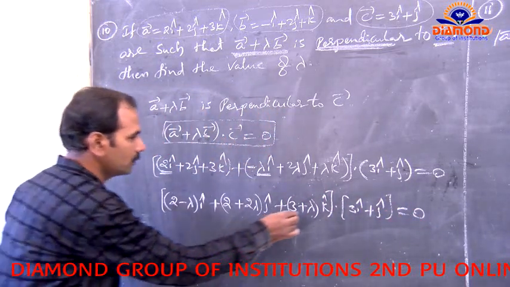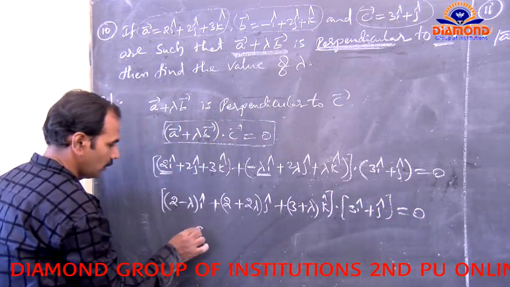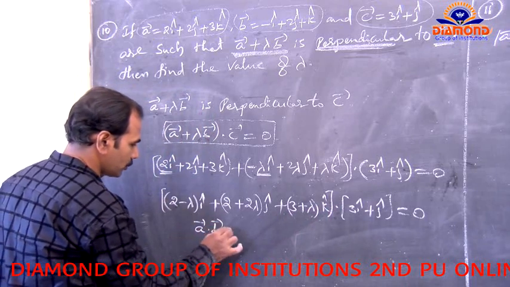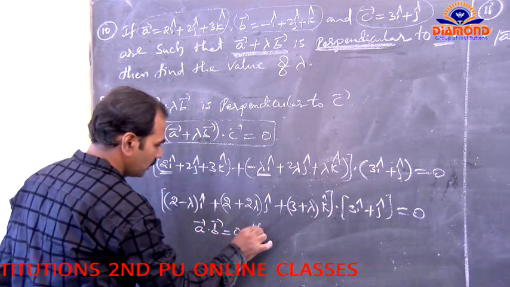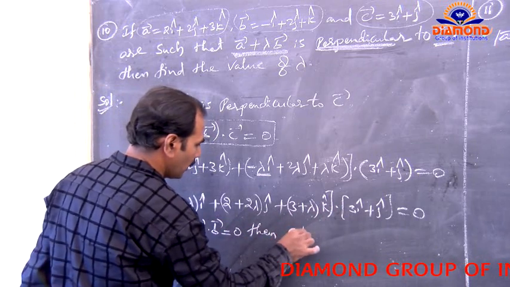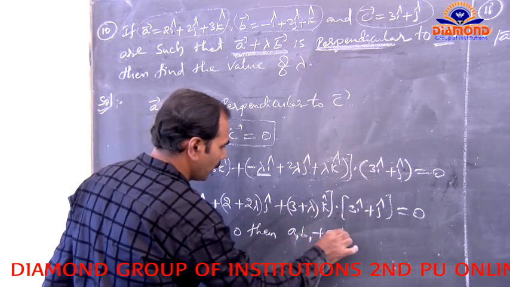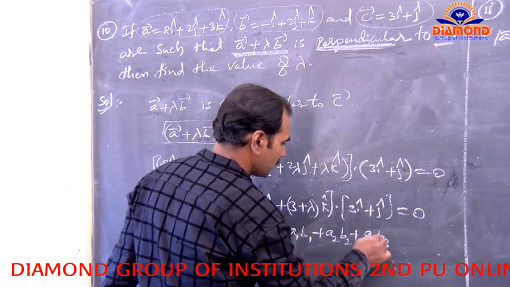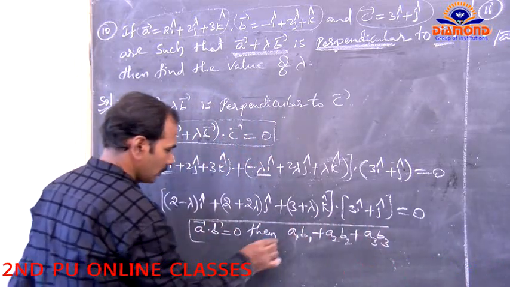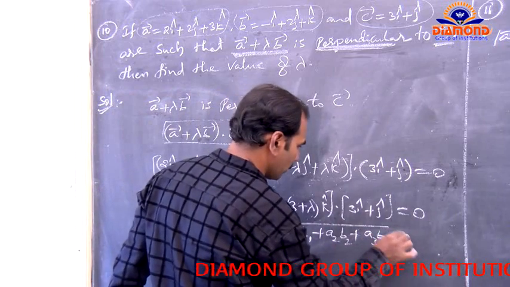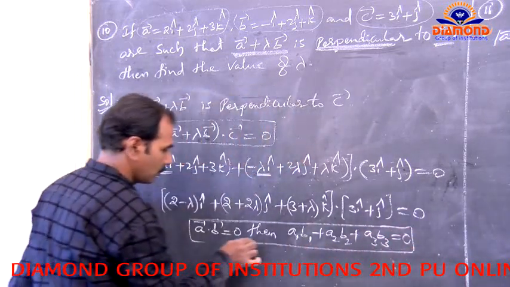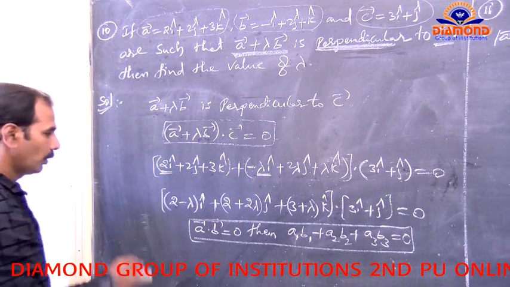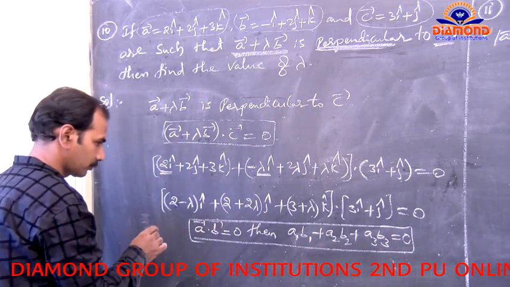So A dot B equal to 0, you know what is the formula? A dot B equal to 0, then A1 B1 plus A2 B2 plus A3 B3 equal to 0. This is the formula. Apply that formula. So what you get?